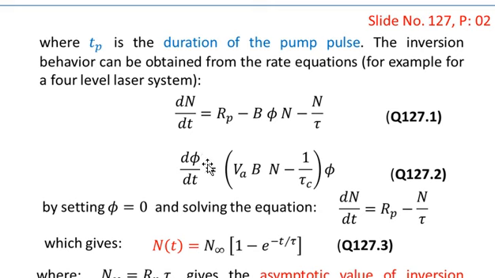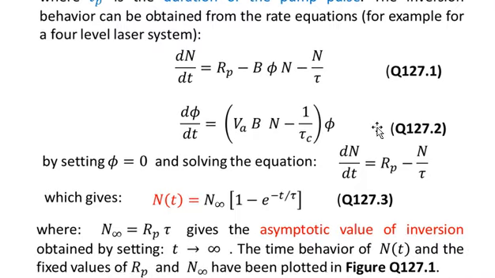And the rate of change of number of photons with time, d phi over dt, is equal to Va times B times N minus 1 over tau C times phi. So these two equations have been discussed many times in the previous slides. You can consult these equations for detail.